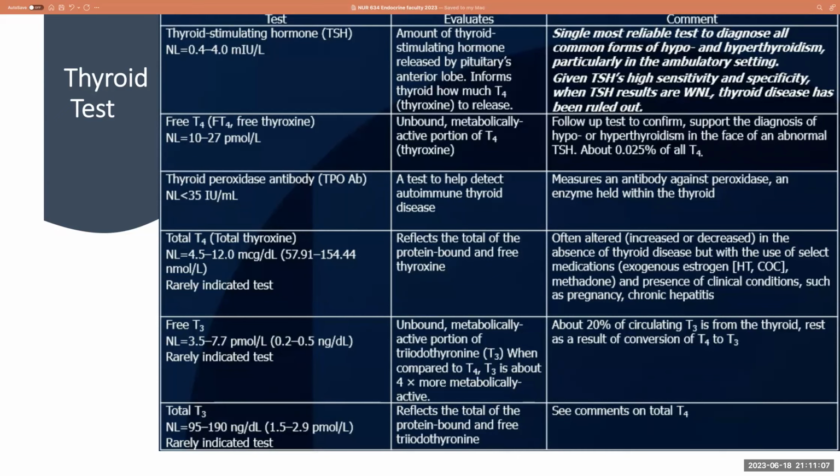This is the unbound, active portion of the T4 that's flowing in your system. It can be used as a follow-up test to confirm what's going on and support your diagnosis of hypo or hyperthyroidism in the face of an abnormal TSH. It's only a small percentage of all T4, but it has been found to be the most accurate.